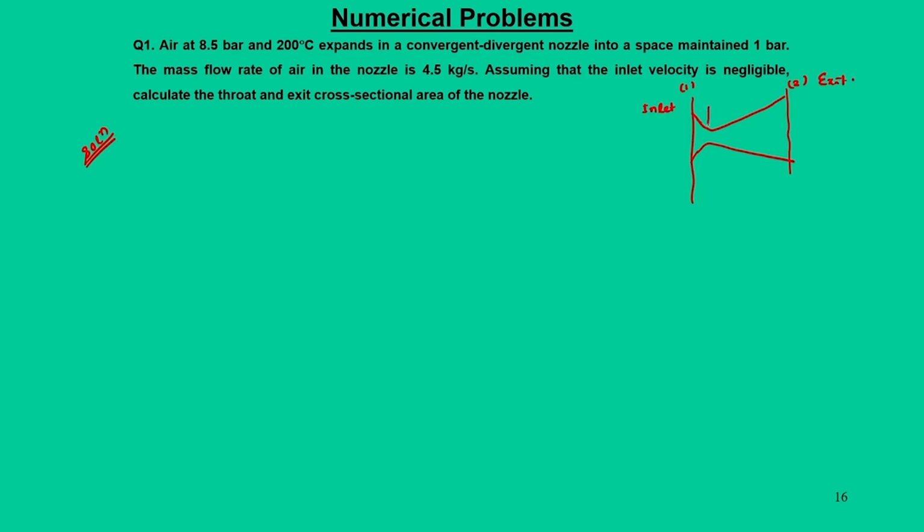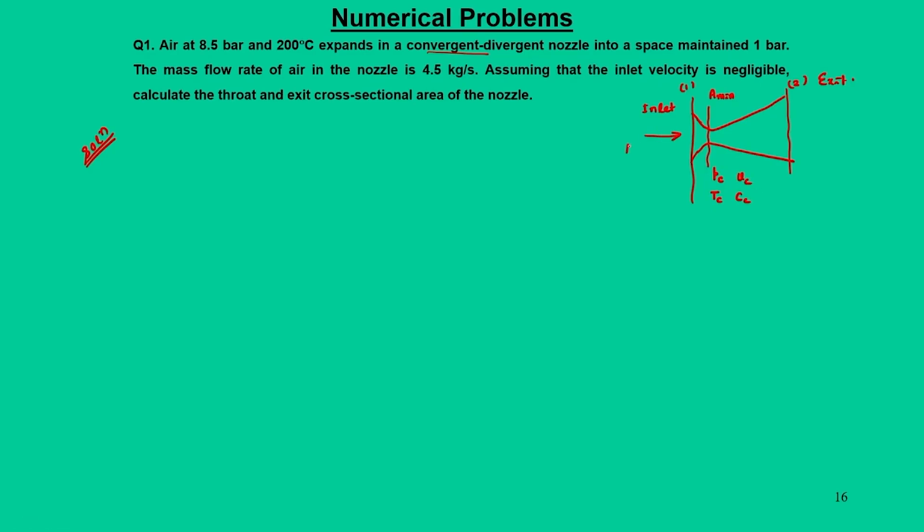And here we have this minimum throat. Since it is a convergent-divergent nozzle, we have minimum area. At this condition, of course, we need to have critical conditions: Pc, Tc, specific volume, and velocity of the flow.